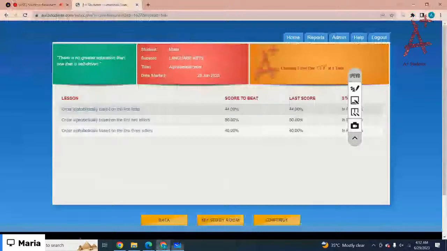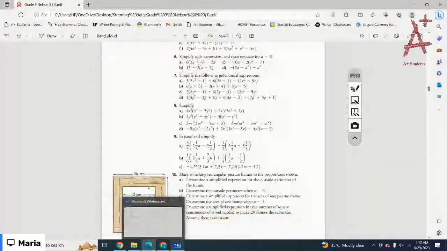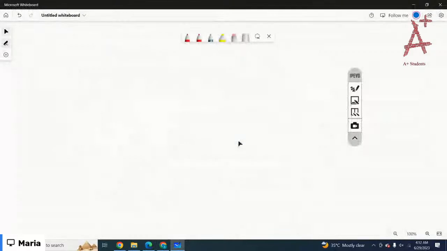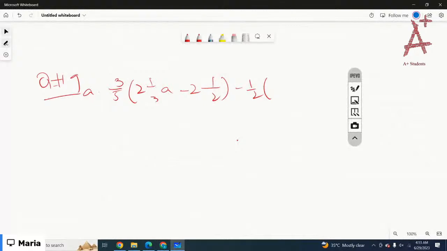The first one is 3 over 5 times (2 whole 1 over 3a, whole 1 over 2), and then you have to do negative 1 over 2 times (2 whole 1 over 5a minus 3 whole 2 over 3).